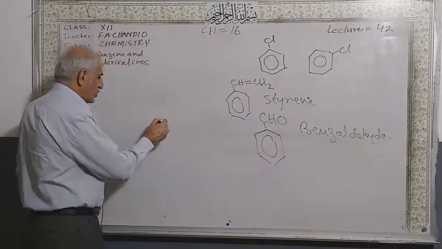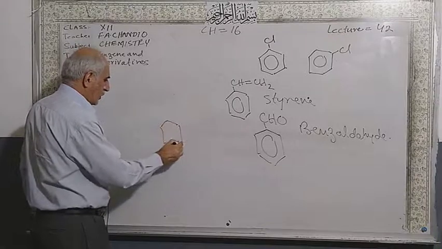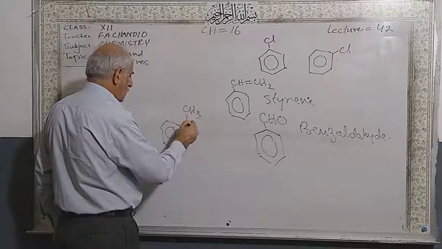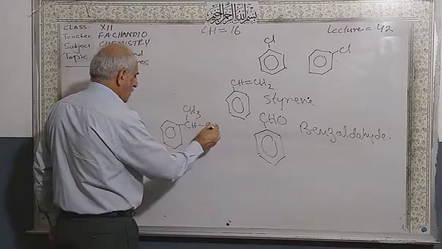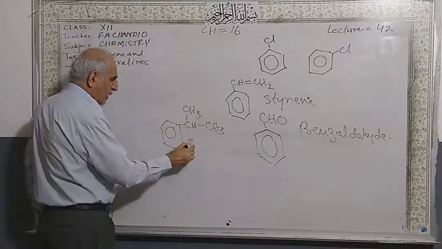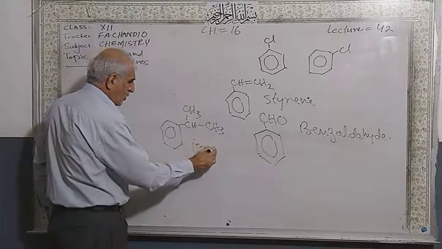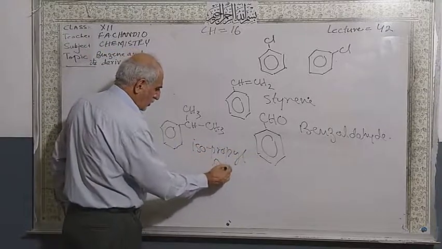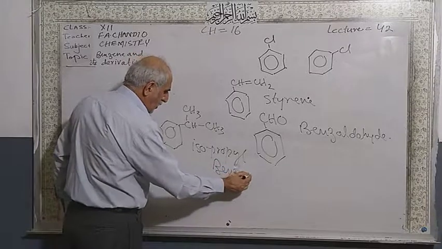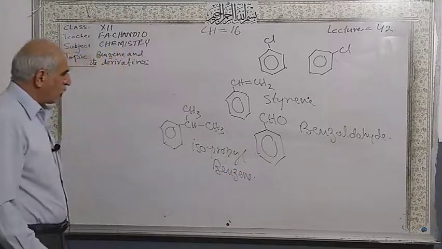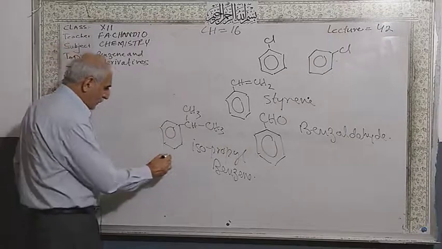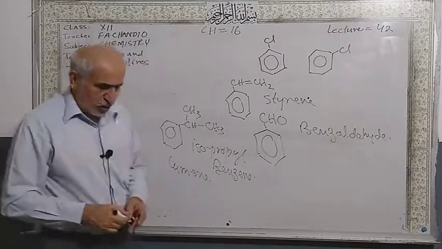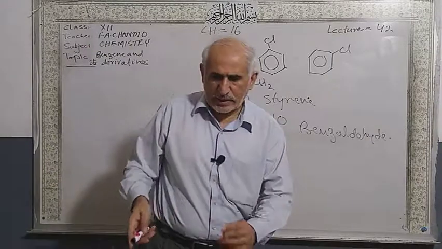And if you put this, it is isopropyl benzene, or we call cumene. So these are all monosubstituted benzenes.